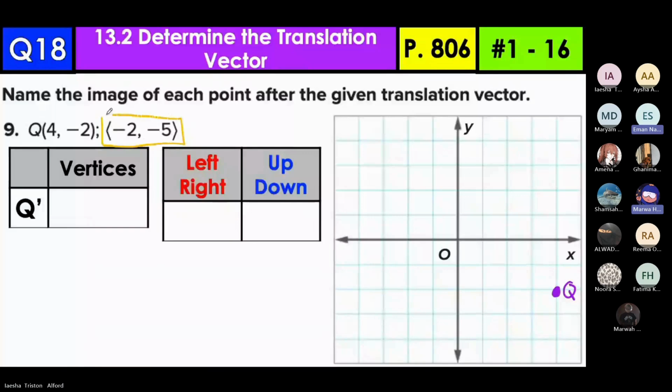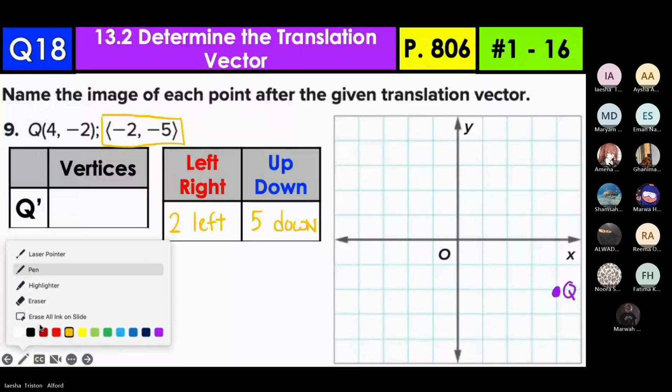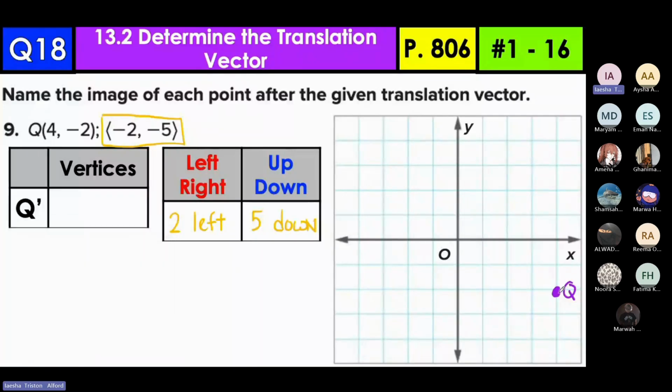2 left, 5 down. So 2 left and 5 down. Oops, I don't have space.